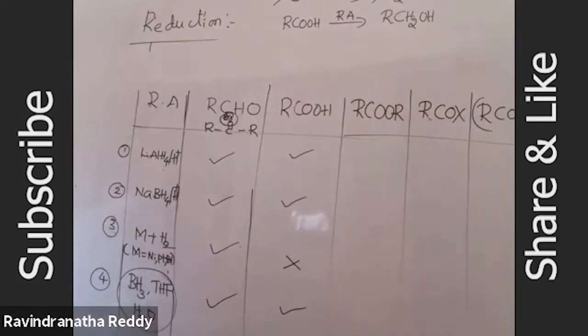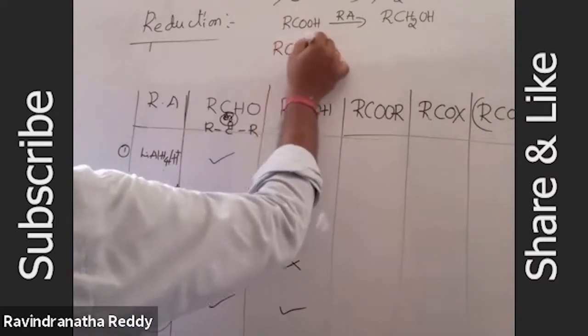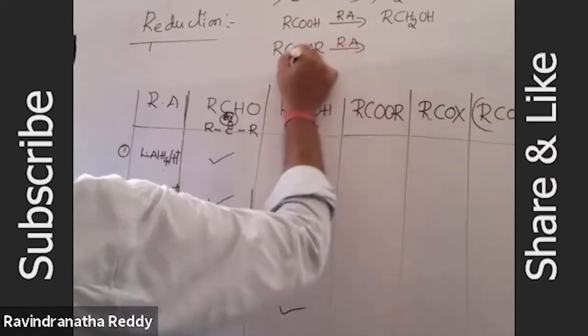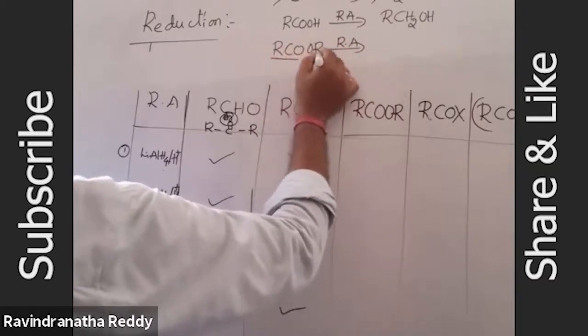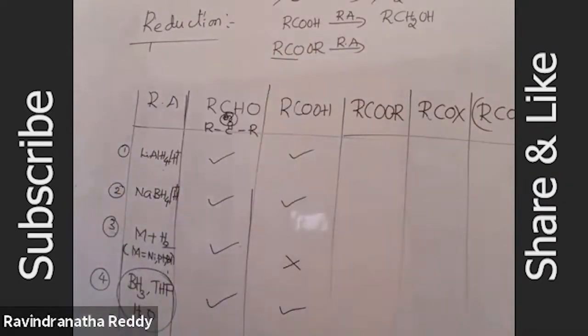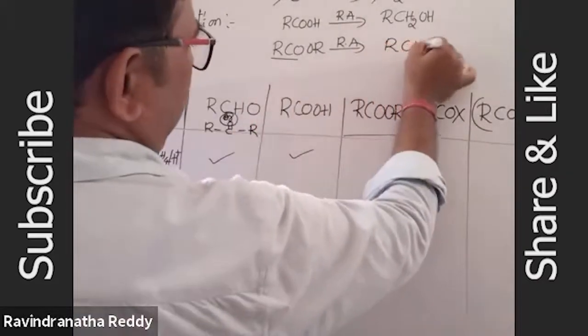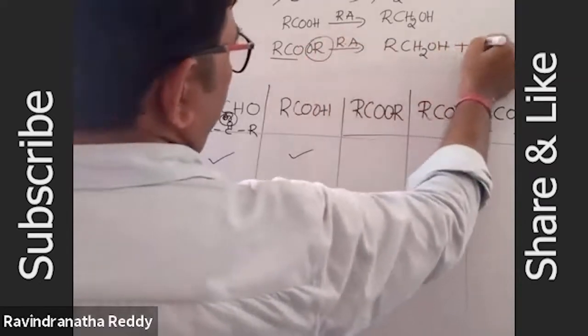Next, esters. For esters, we have to use a reducing agent, and this group converts to alcohol. This one is also alcohol. In the ester reaction, we get RCH2OH and ROH.